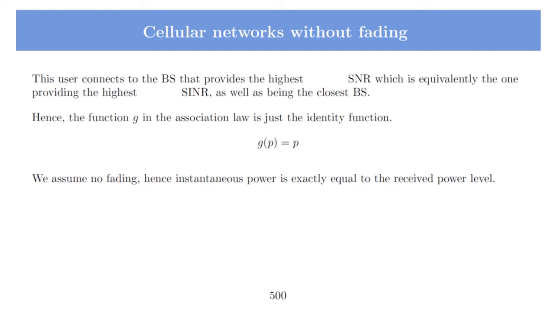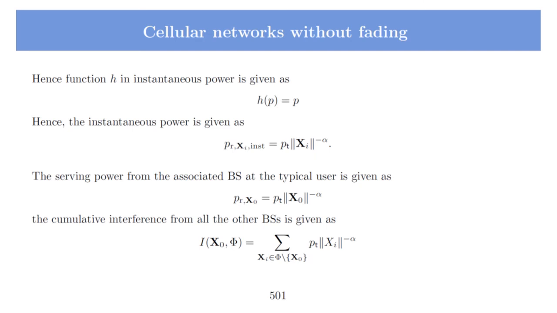We will apply the highest received power base association. So we'll select the base station which will provide the highest power level. So the association function is just the identity function. From the power level, you just select the one which maximizes GP, and we will maximize just P, so GP is equal to P. We are not going to apply any fading, there is no fading, so instantaneous power is the same as the power level.